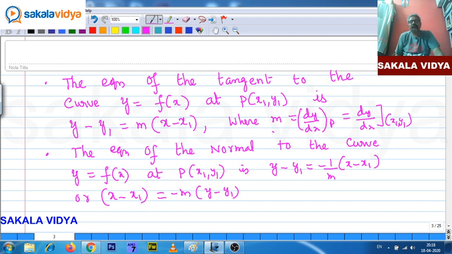Already m we have discussed, that is all. So, please note down these important points. Next, some more important points we shall discuss after this.